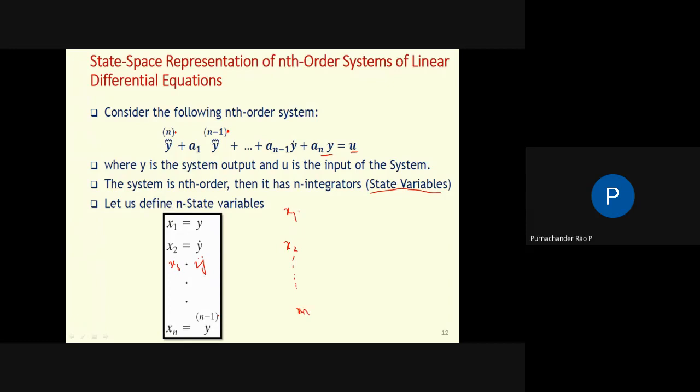Here x1 is assumed to be equal to y. Simply take x1 as y and x2 is equal to y dash. We'll see how to write this. And so on, xn will be equal to y to the n minus 1 dot. These are the state variable assumptions.